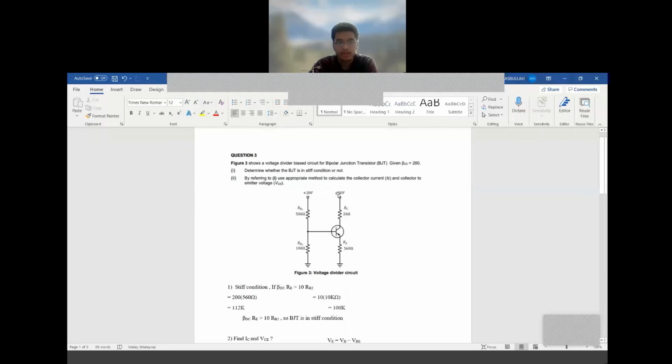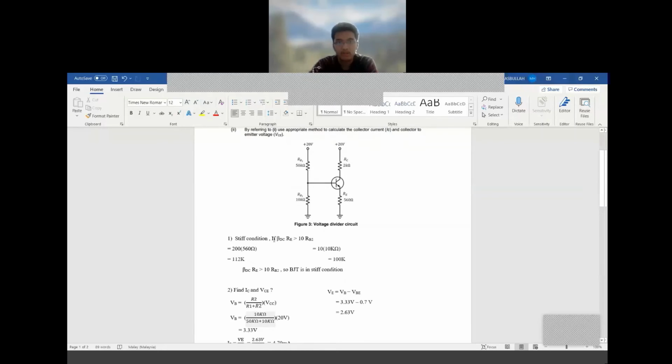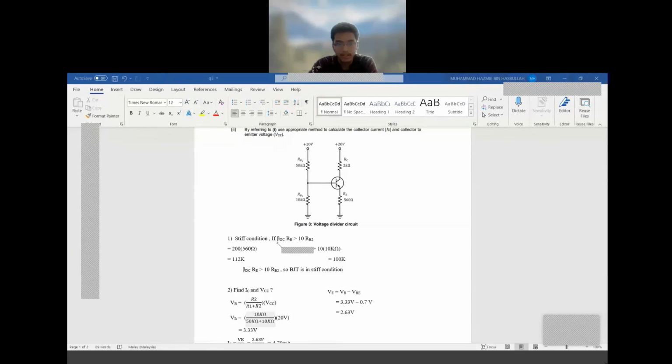To know whether this BJT is in stiff condition or not, we must use this formula, which is DC gain times R emitter greater than 10 times R base 2.